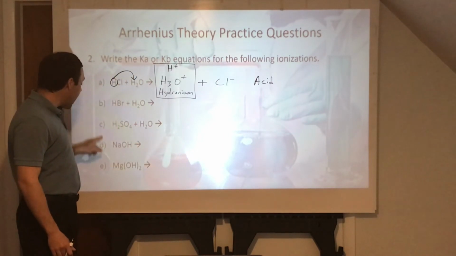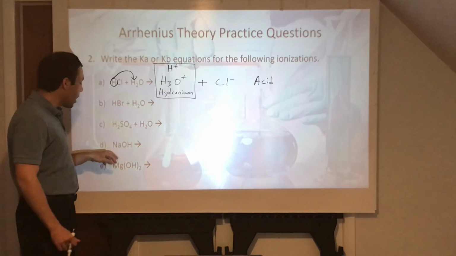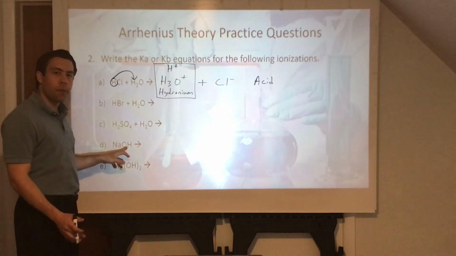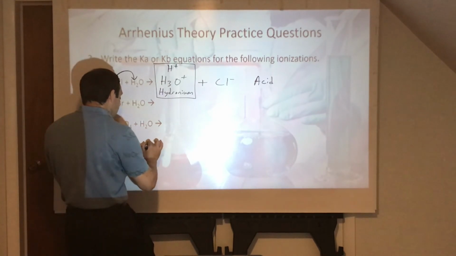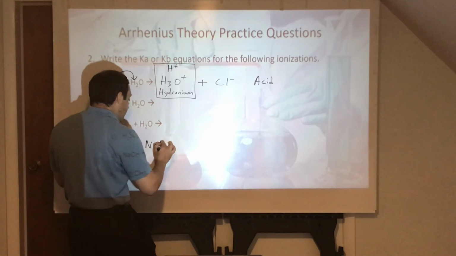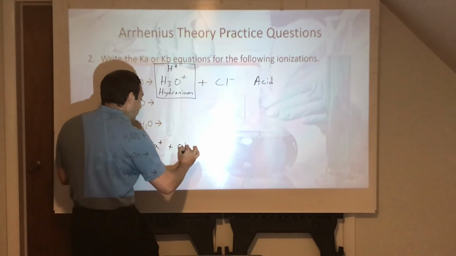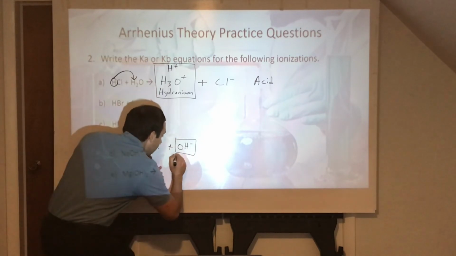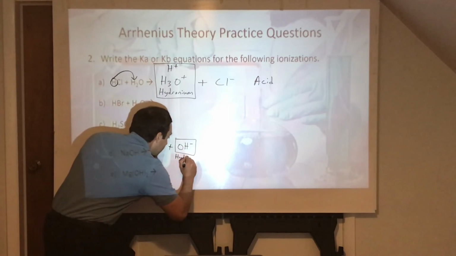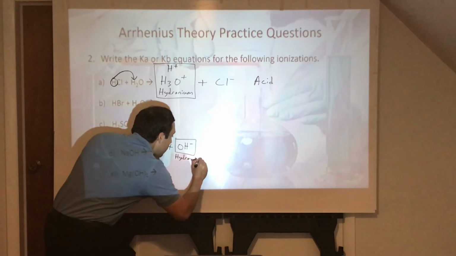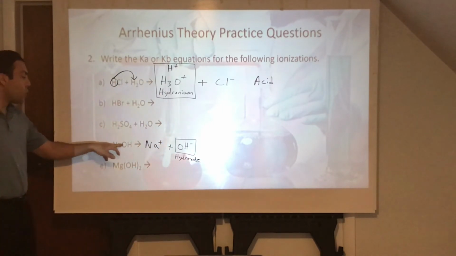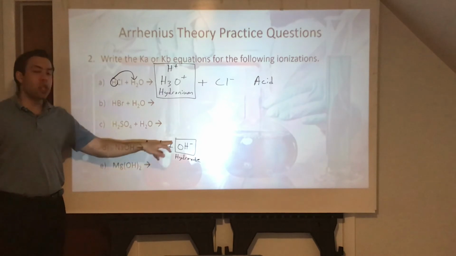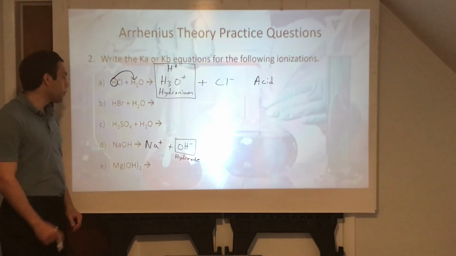If we jump down to letter D, NaOH in water, that is going to dissociate into Na plus and OH minus. Since we have OH minus, which is hydroxide, we know that sodium hydroxide, NaOH, is going to be a base.